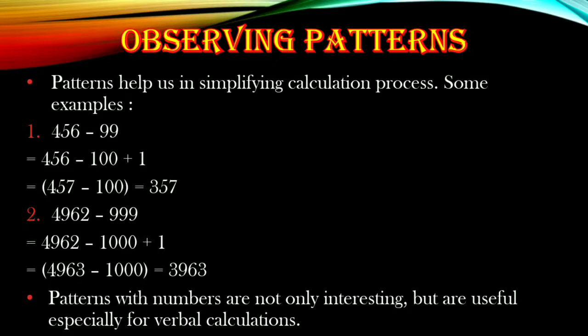Now, if we try to calculate this, we can add 456 and 1 together and we get 457. Now, 100 is subtracted from 457 to give 357. It is a whole number and the calculation process was much simpler.